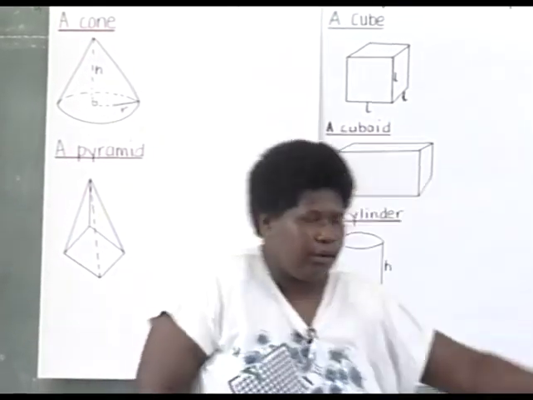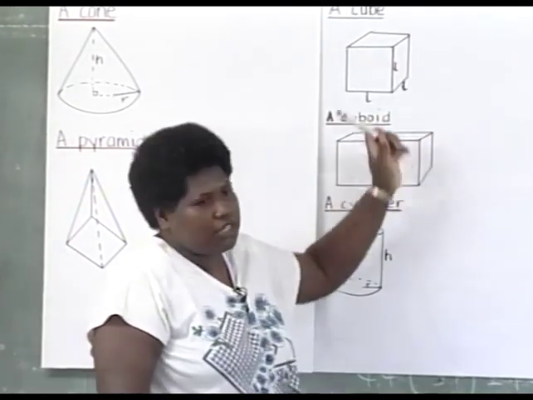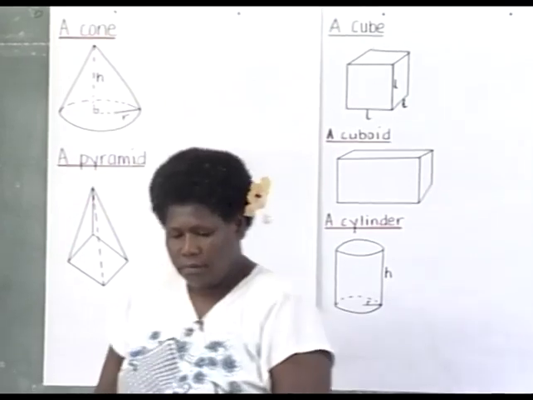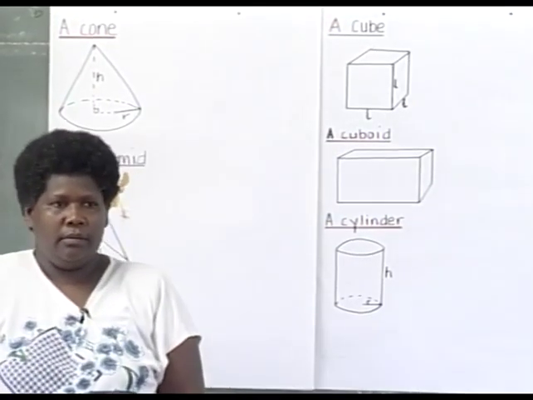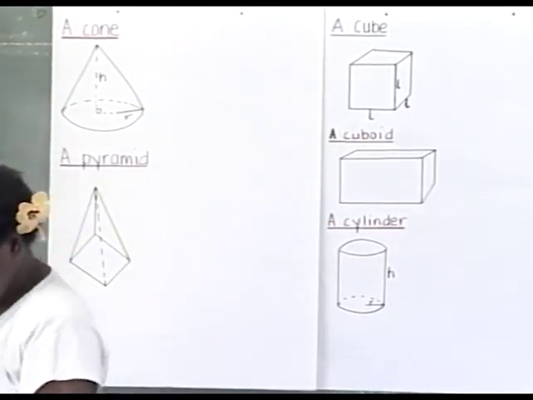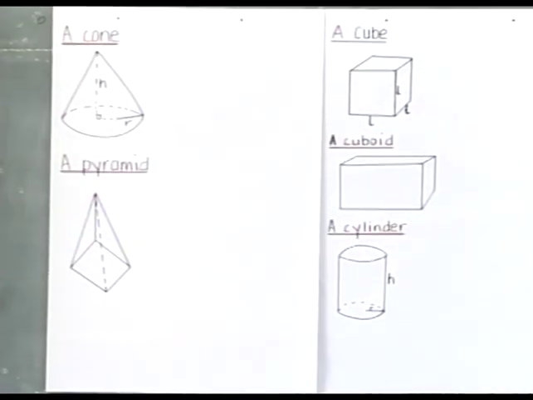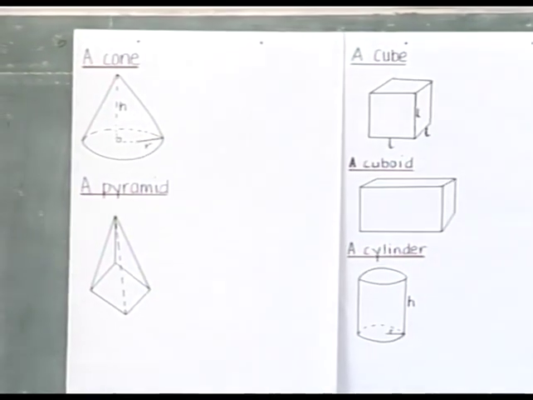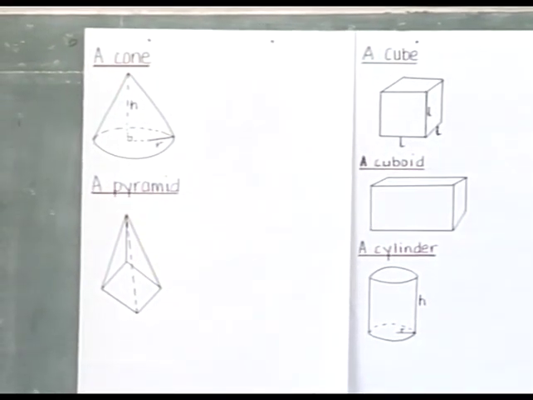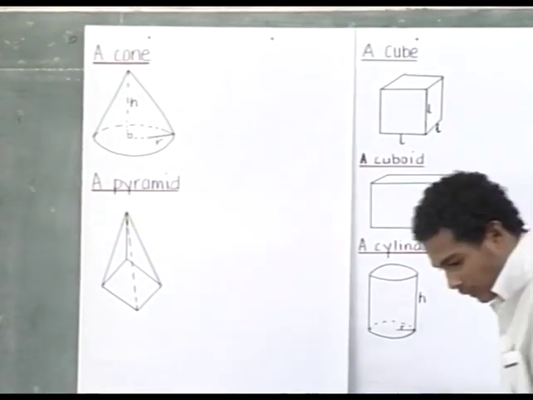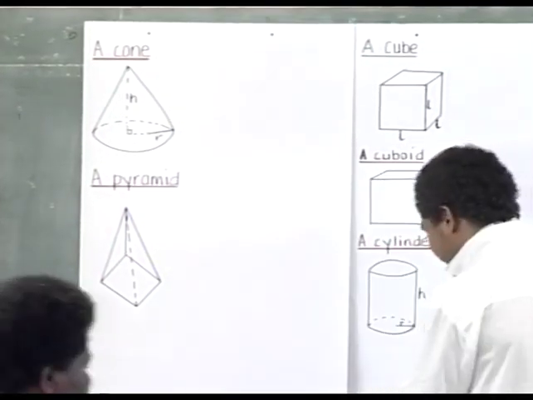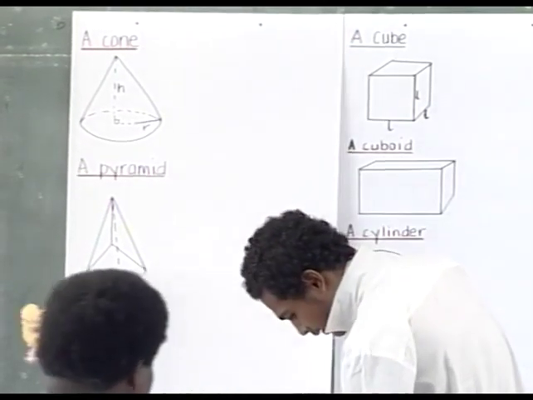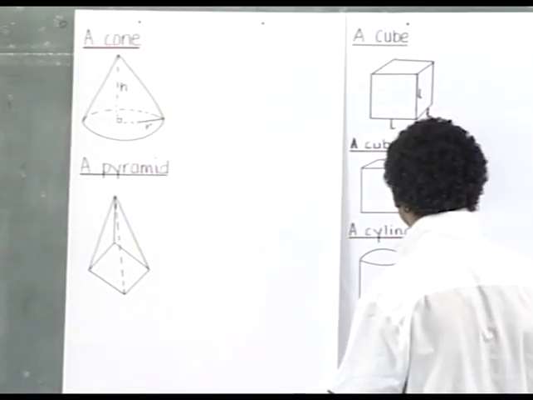You come and write the formula on the side and then shade the cross-sectional area. Okay, Daniel, number 1, please. Use a pen. Use the red to shade in the cross-sectional area and the blue to write the formula.